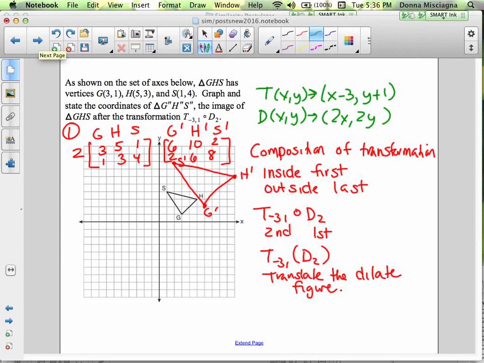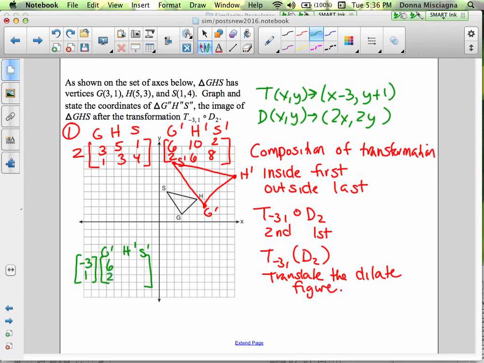All right, so our translation, we're going to add -3 to our x's and 1 to our y's, and we're going to take the dilated figure. And I am running out of space. I'm going to put it a little bit lower, just so no one's confused that we're adding -3 and 1 to G prime, H prime, S prime to translate it.